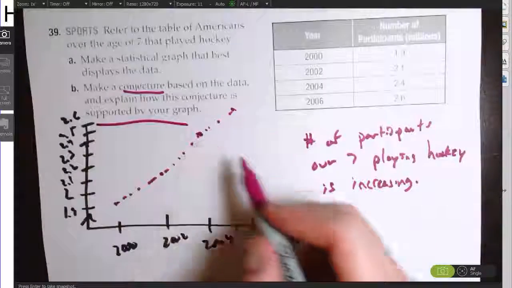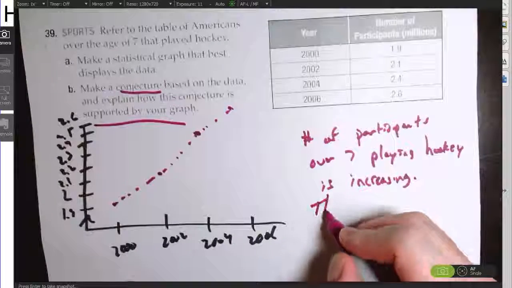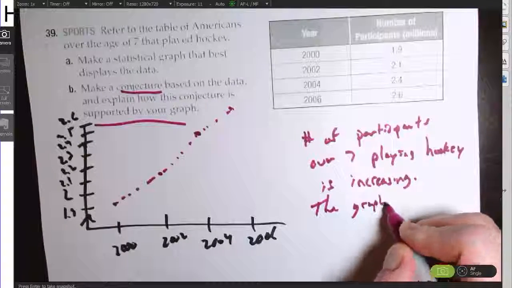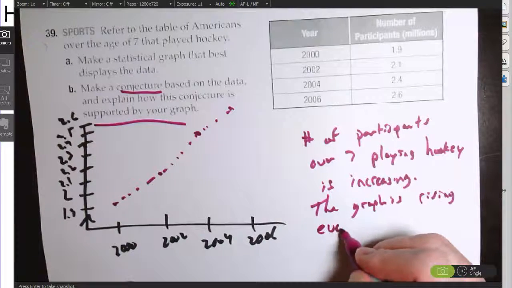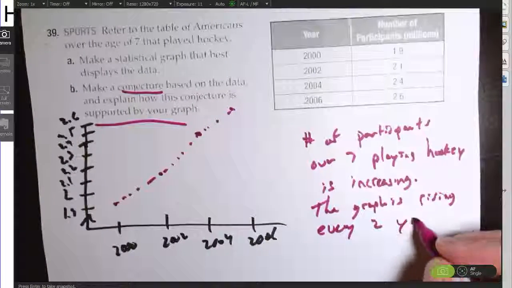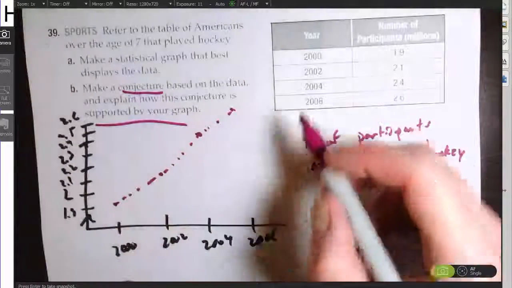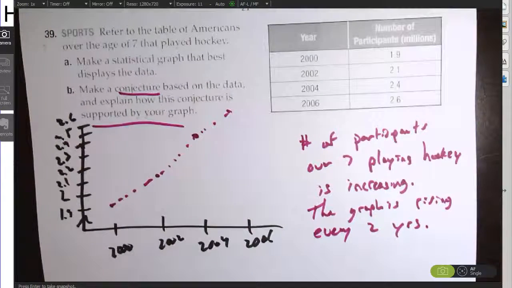What's my support? Okay, the graph is rising every 2 years. I can physically see it rising. Okay, and that is in problems section 2.1.